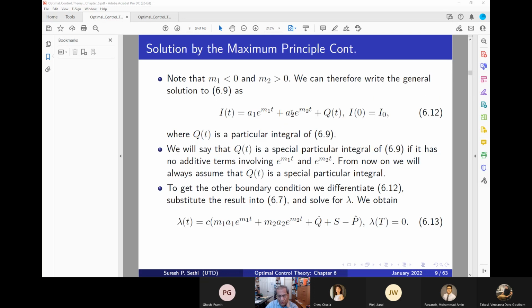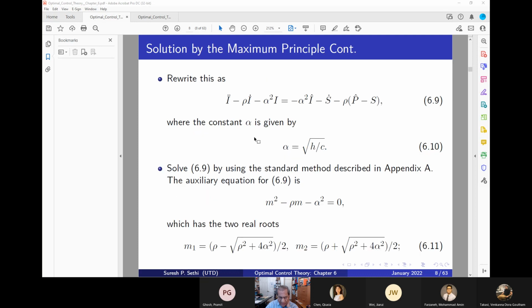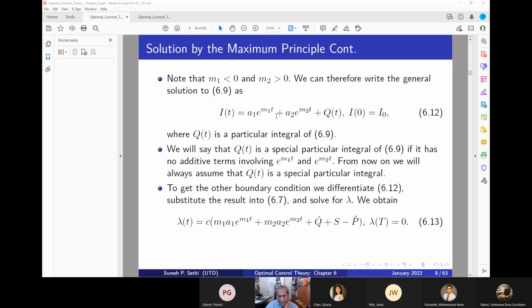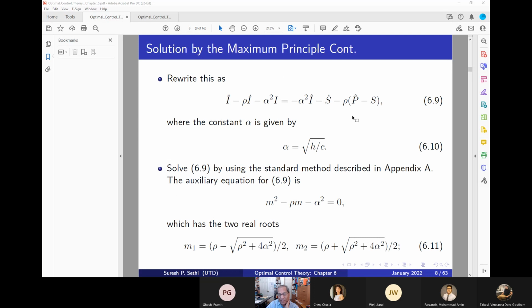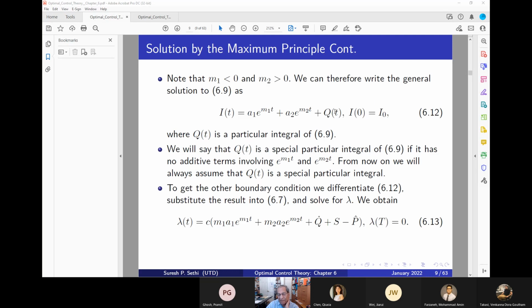The general solution of this equation is A1 e to the m1 t plus A2 e to the m2 t. If the right-hand side was 0, we would stop there. But because the right-hand side has something, we will call it Q(t), which is called the particular integral. There are formulas for a large number of given functions, and you can find books that will tell you what the Q(t) should be.